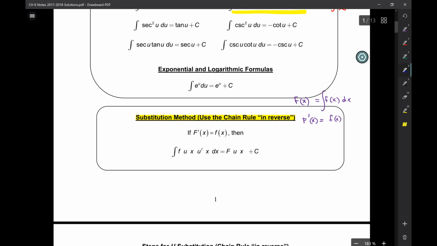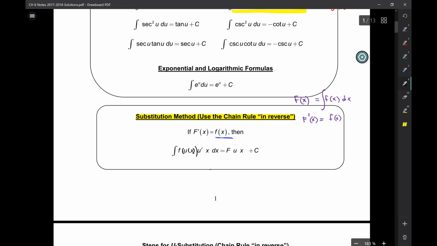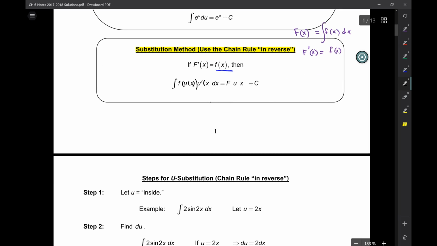So if we have this function f of x, then, here we go. These parentheses, they always go away. The integral of f of u of x times u prime of x is F of u of x plus c.